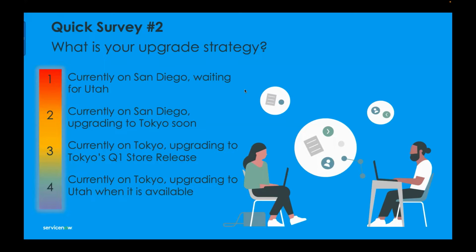Looks like 43% of the participants are still on San Diego and you're either waiting for Utah or going to get to Tokyo.